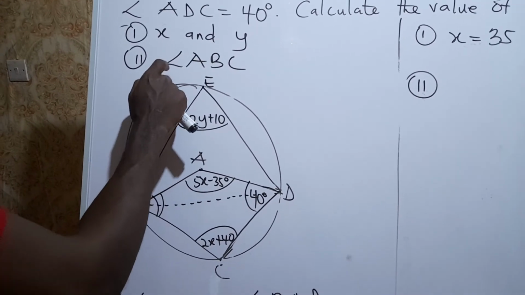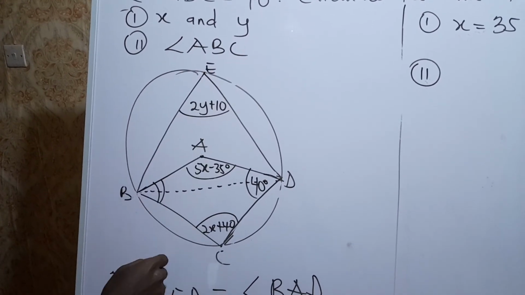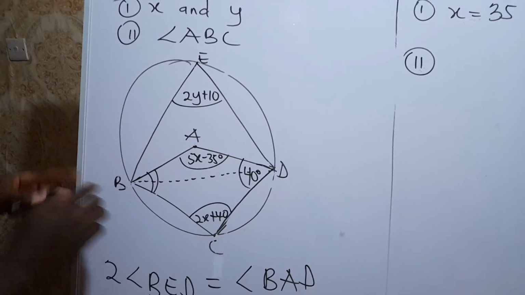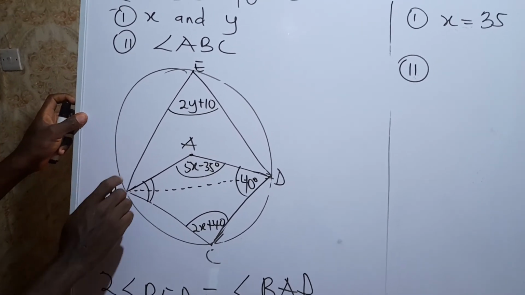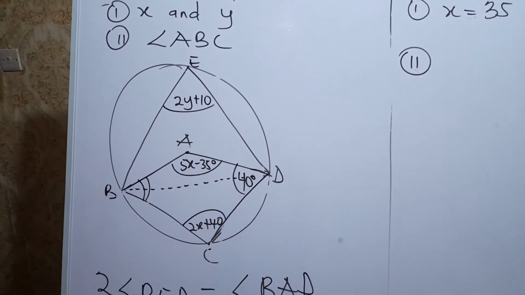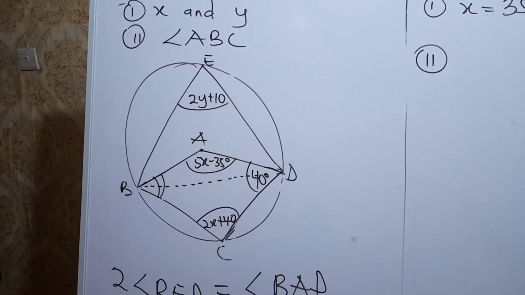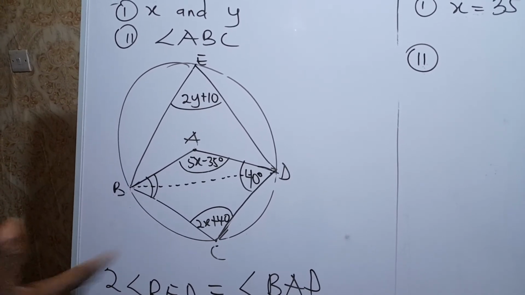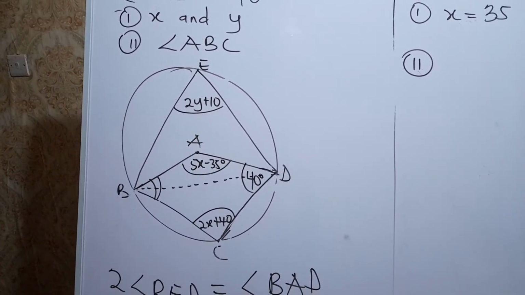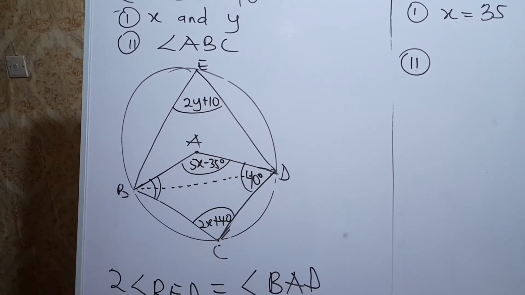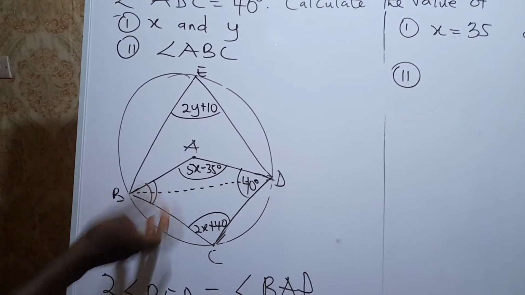Now they ask us to find angle ABC. Angle ABC, the angle here. Look at it. The shape ABCD is a quadrilateral. It has 4 sides. The sum of interior angles of all quadrilaterals is equal to 360 degrees. So when we add all these angles and equate it to 360 degrees, then we can find that.